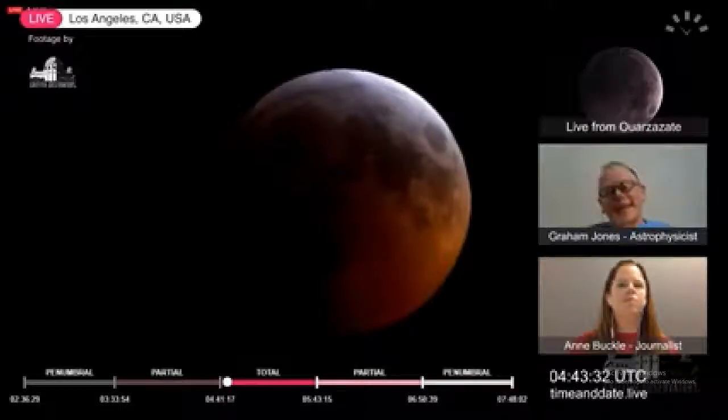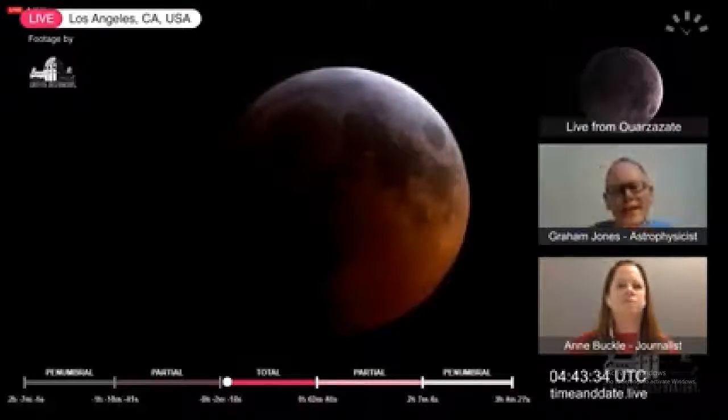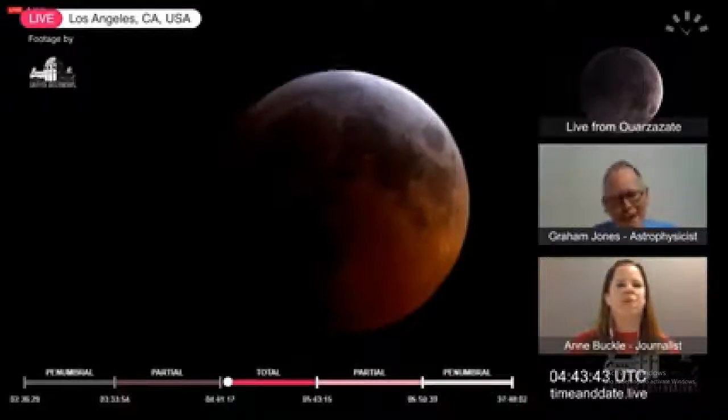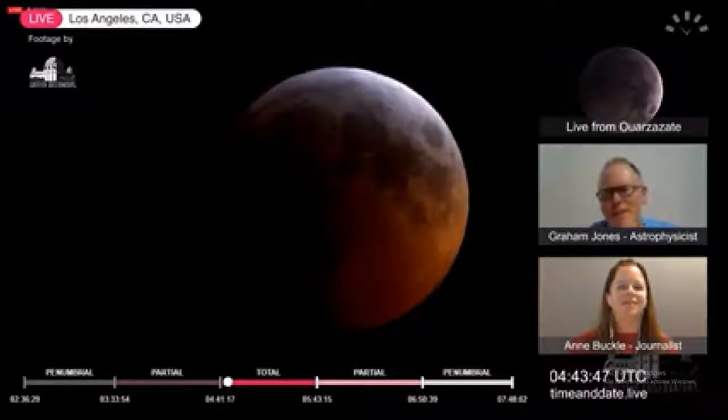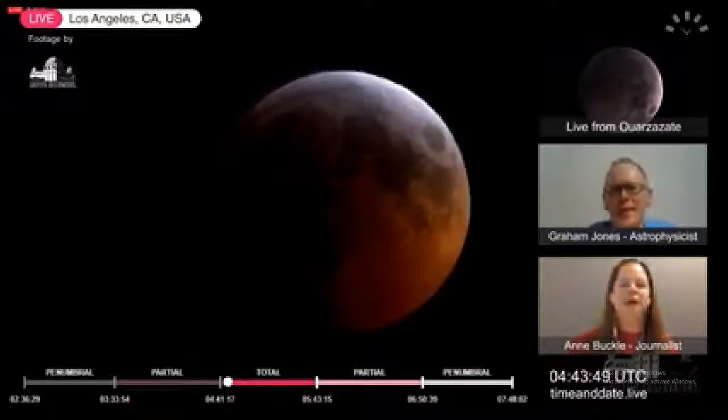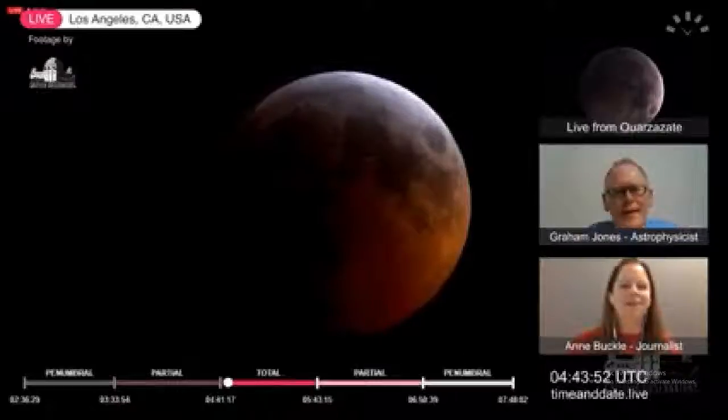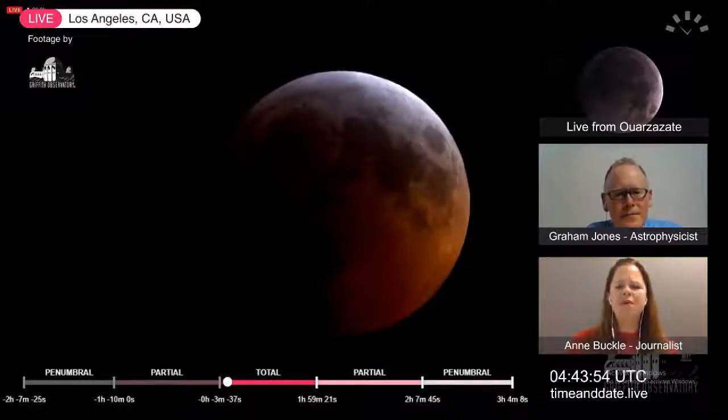The only light that is reaching the moon is this reddish light that is not reaching the moon directly. It's being bent around the Earth and sent towards the surface of the moon. It's very cool. So now we're going to look at this for another hour to look at this becoming deeper red, you think?